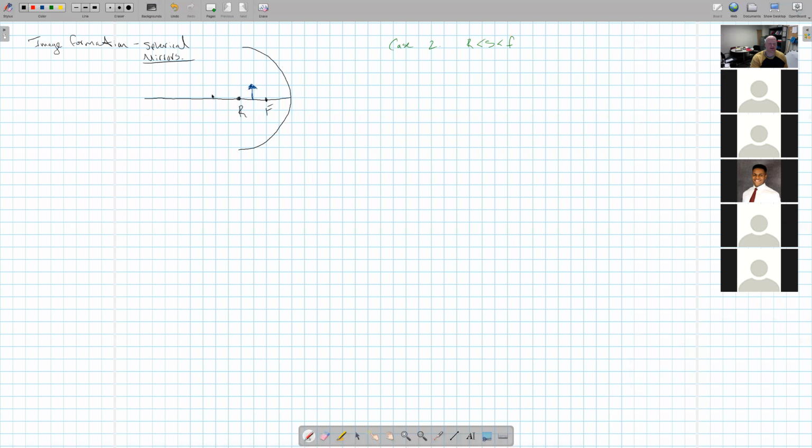That was when it was out here, and what we found was that the image formation was actually here, and it was inverted, so it was upside down, but it was real since all the light actually passed through it. So whenever we had it outside of R, the image formation was somewhere between R and F, and it was inverted and real. So now, what we're gonna do is put this guy somewhere between R and F.